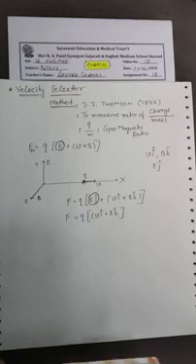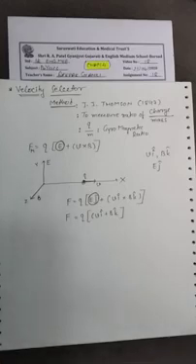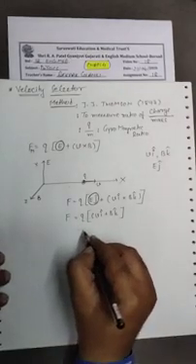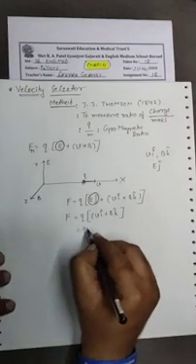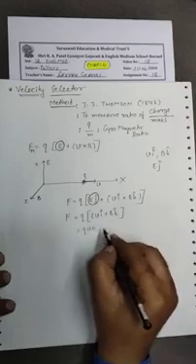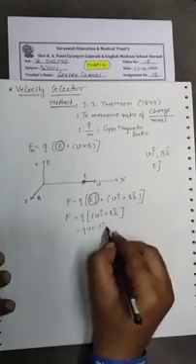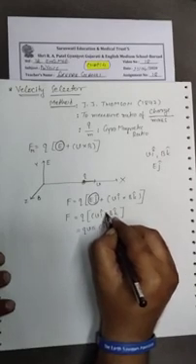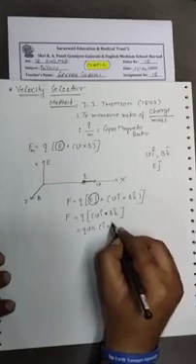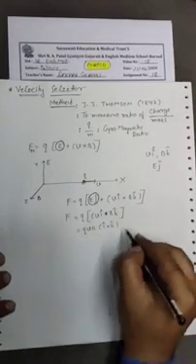But what is i cross k? In 11th standard, we have seen that i cross k is nothing but minus j. So you will have the equation Q V B, here i cross k, which is minus j.